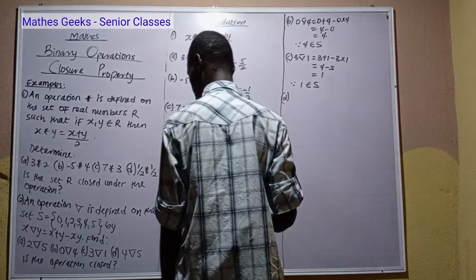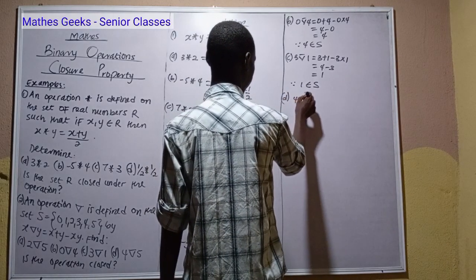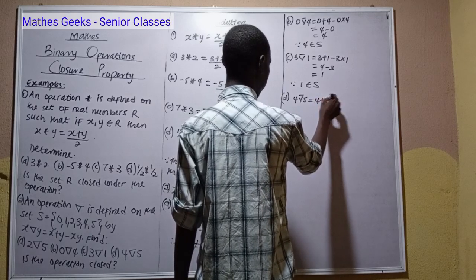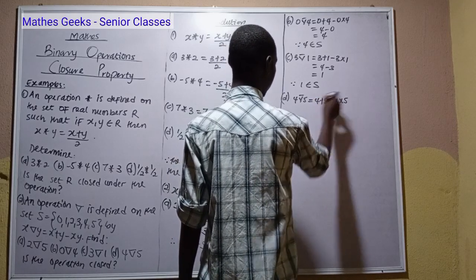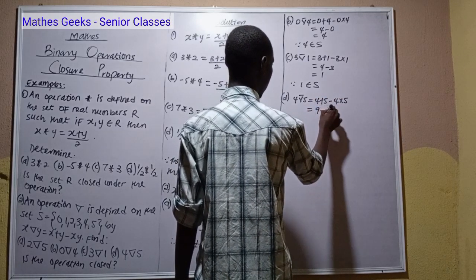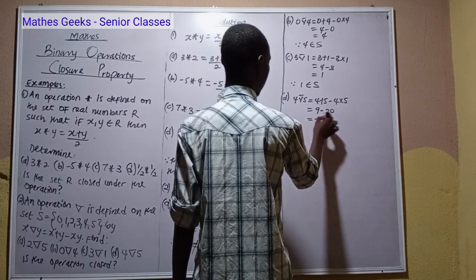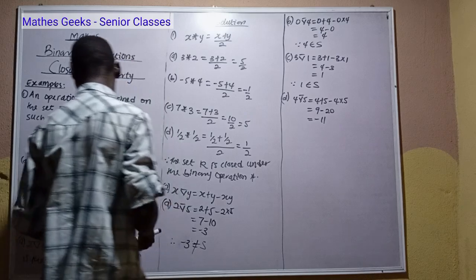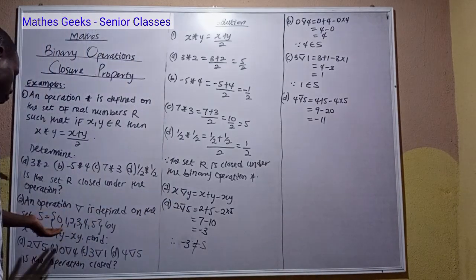D, 4 operation 5. 4 plus 5 minus 4 times 5. 9 minus 20 is minus 11. From what we can see, we don't have minus 11 in this set.